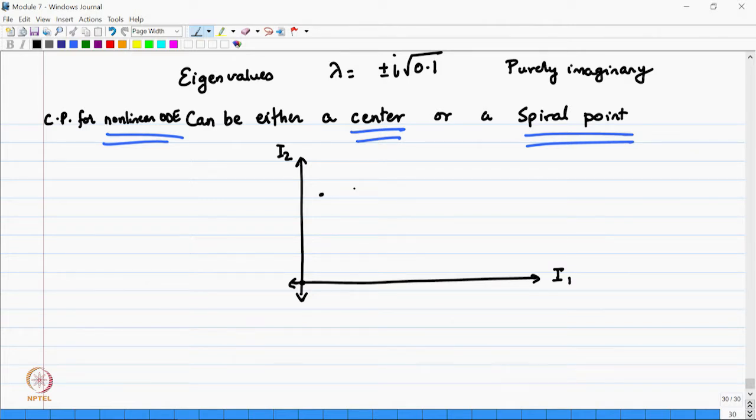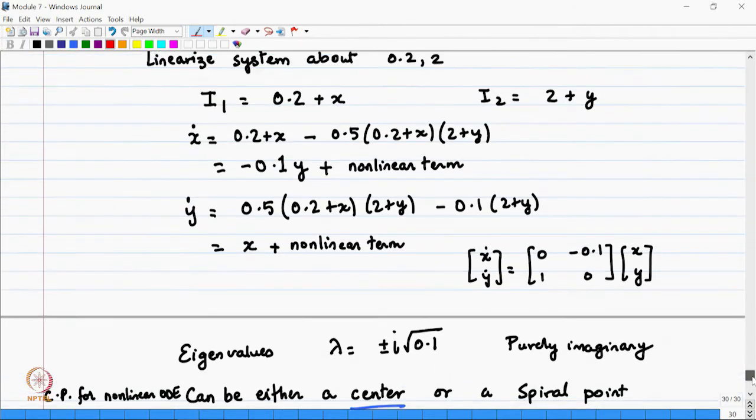So if it is a stable point, then the trajectories will look like this, around this. Or if it is an unstable point, if it is a spiral point, then your trajectories will go spiraling towards this. Okay. So we will just show what happens if it looks like a center.